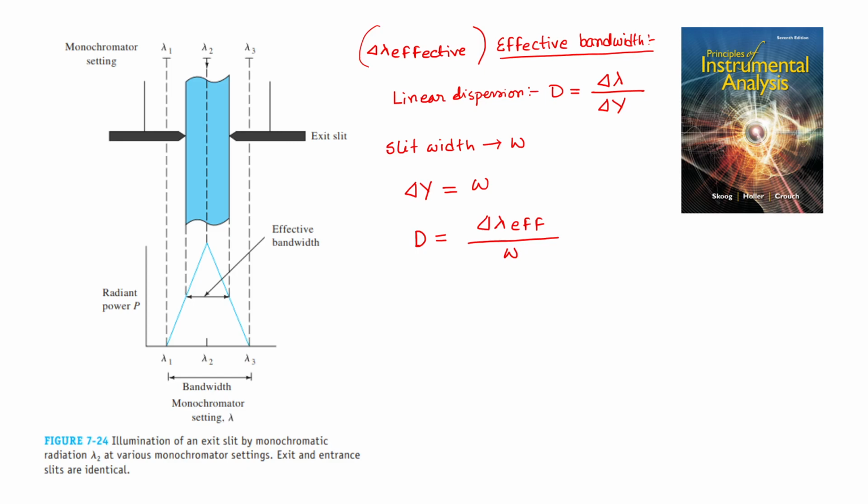So this is another very important equation. I have written it wrong: it is 1 by linear dispersion, the reciprocal of that. So your D inverse is this, and your delta lambda effective is W into the inverse of D. This is another important relationship we will use in the next numerical problem.